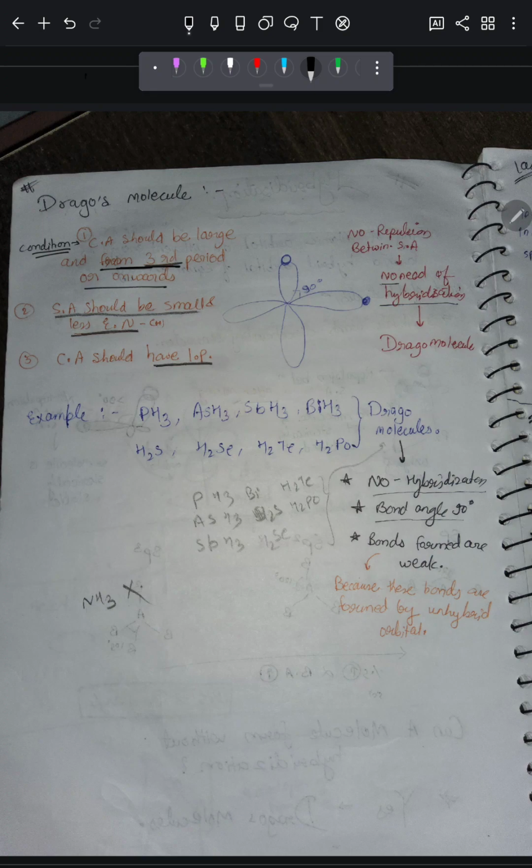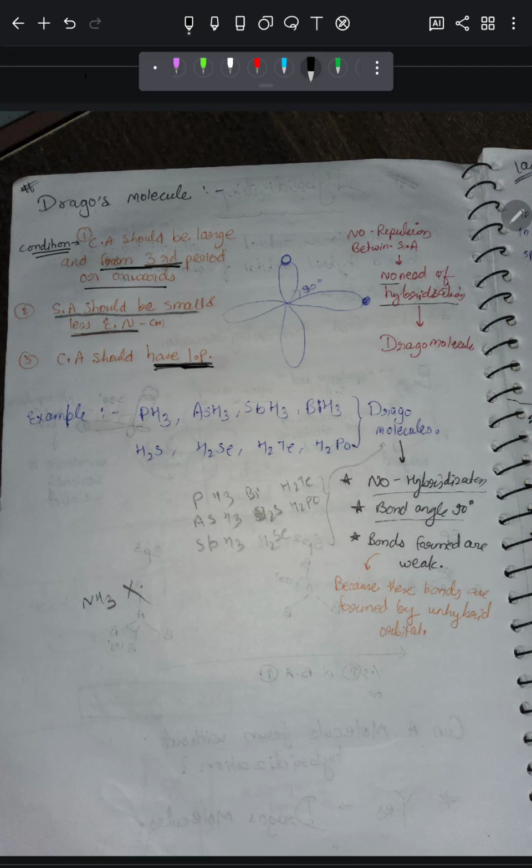The second condition is that the central atom should be small in electronegativity, having less electronegative character. The third is that the central atom should have a lone pair.